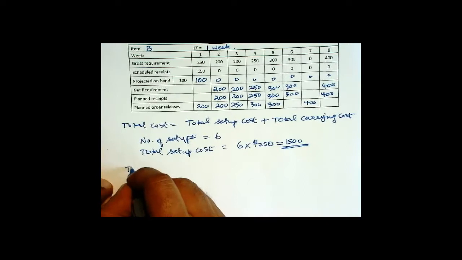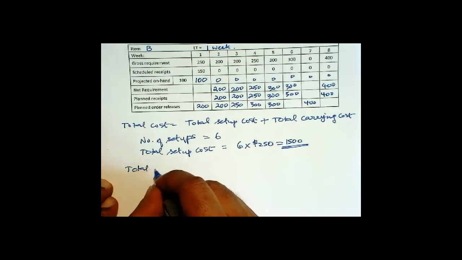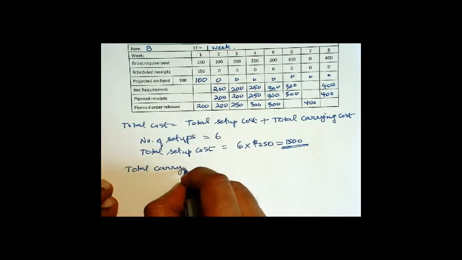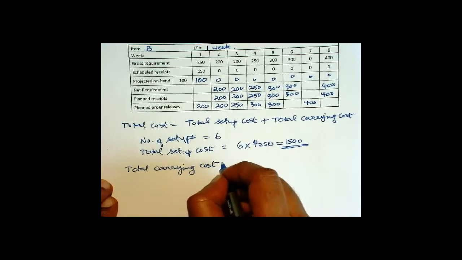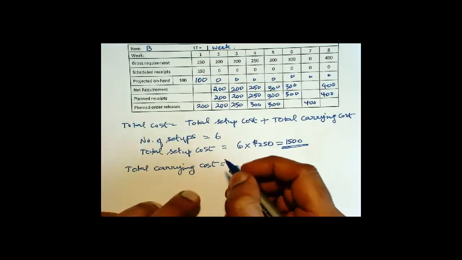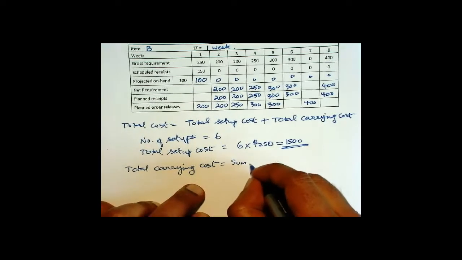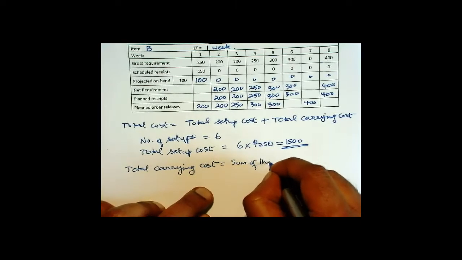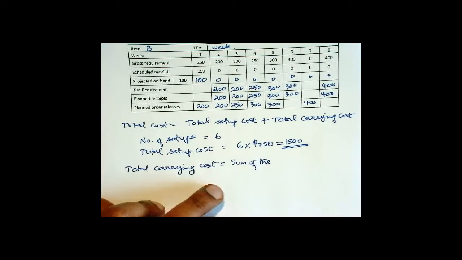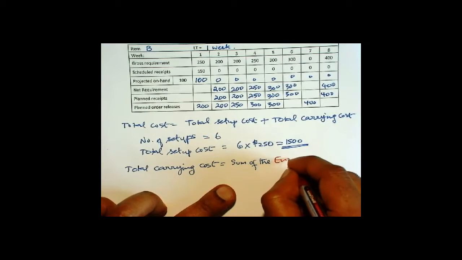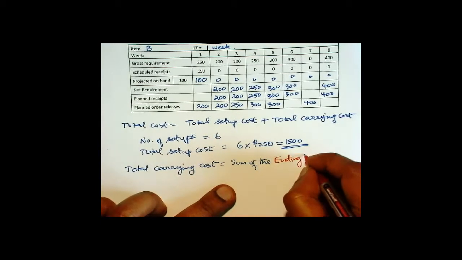Now total carrying cost is sum of the ending inventories, and I'm emphasizing this for a reason.